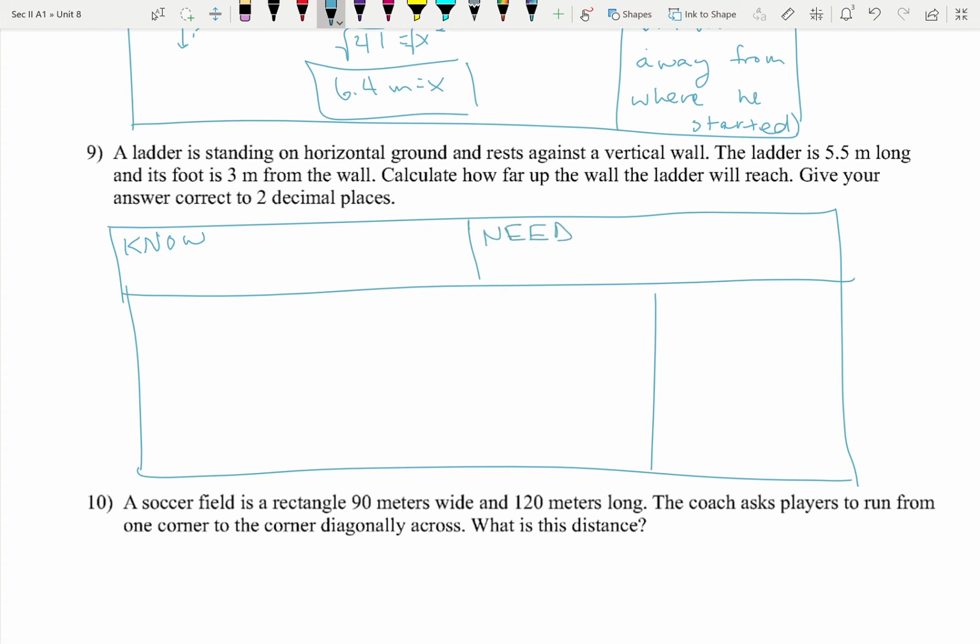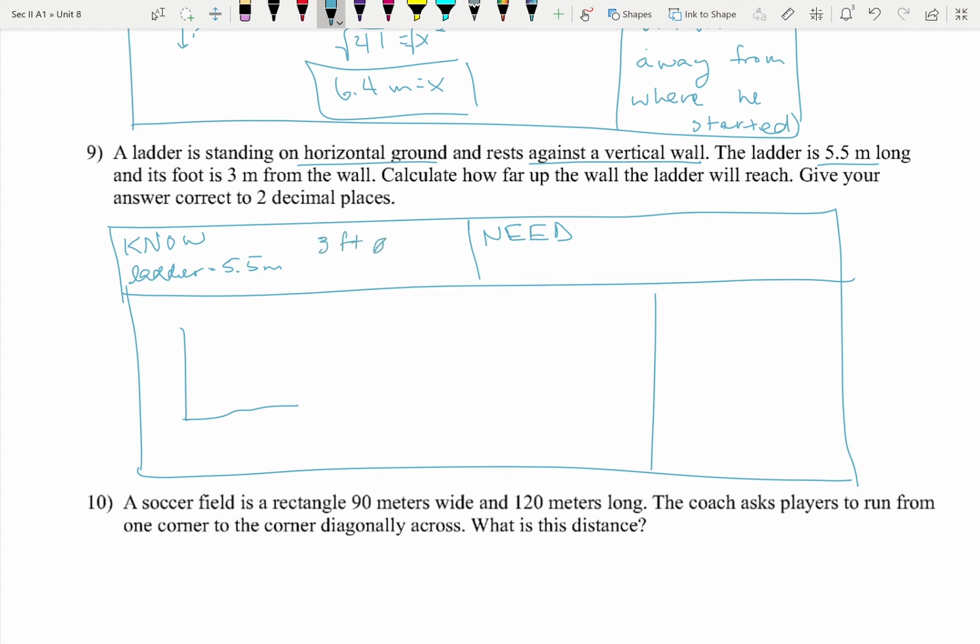So a ladder is standing on a horizontal ground, rests against a vertical wall. So let's go ahead and draw that part. Horizontal ground, vertical wall. The ladder is 5.5 meters long. And it is 3 feet away from the wall.